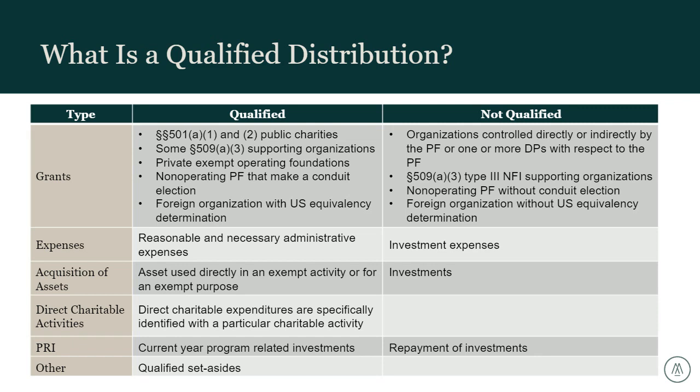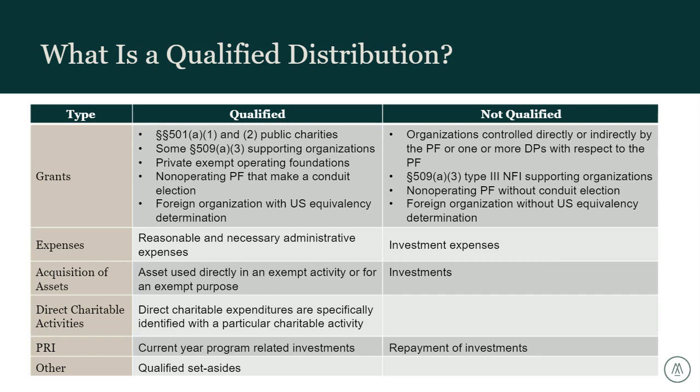Again, investments are generally not used for that purpose. Certainly any direct charitable expenditures that you can identify with a specific charitable activity, hopefully that you have defined as part of your mission or purpose. PRI stands for program-related investments, so any current program-related investments would qualify. Repayment of investments would not, and then a lesser-known item is qualified set-asides.